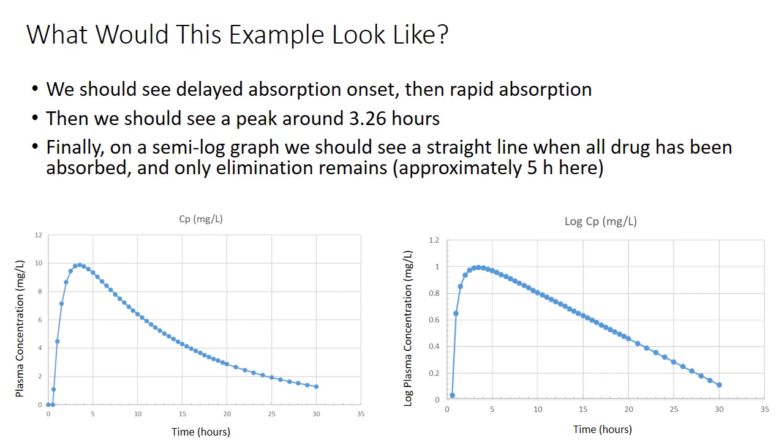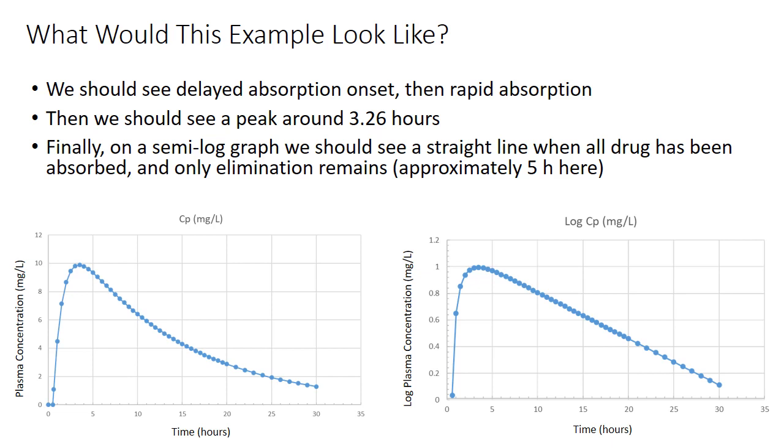On the right, we have a log linear plot, which is considered a semi-log. And we got what we should get, which is the absorption phase. And then at some point we're getting the elimination and distribution happening together. The whole point is that we should get a linear phase at the end, right?